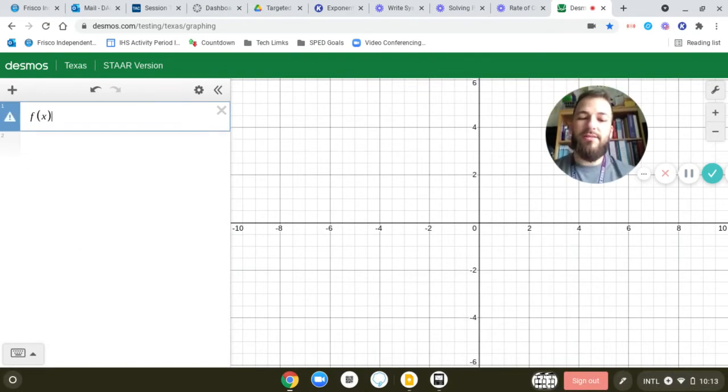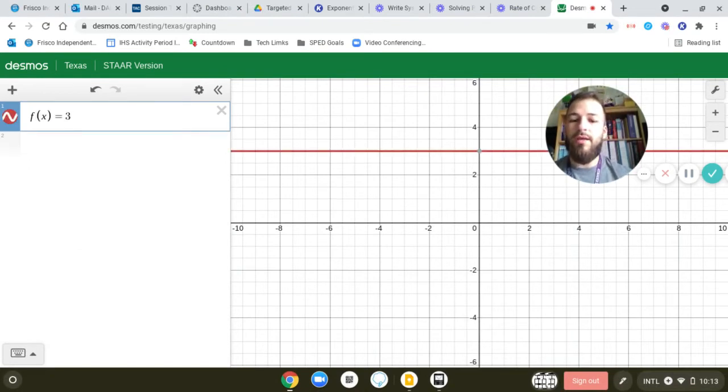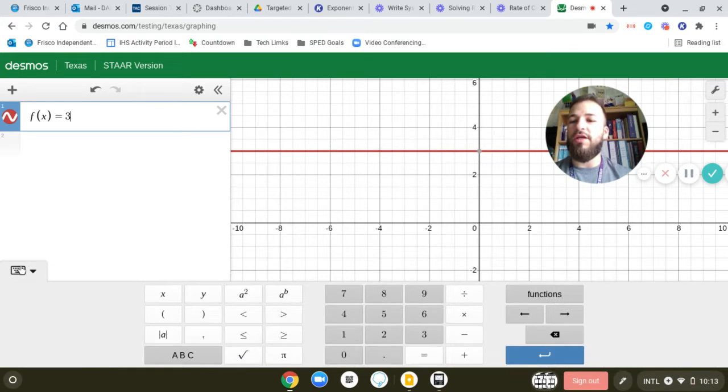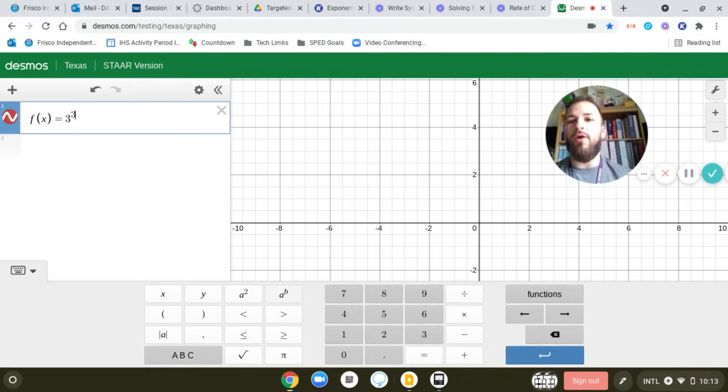Know that if you click on your keyboard down in the bottom left, you can see a squared and a to the b. We want a to the b so that we can put in whatever exponent we want. Okay, so that is our graph of f of x is equal to 3 to the x.